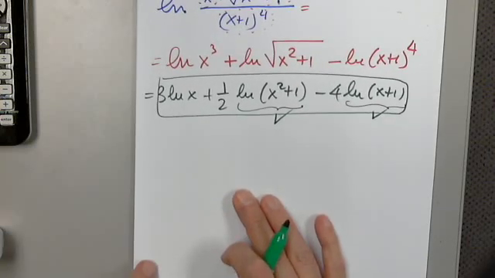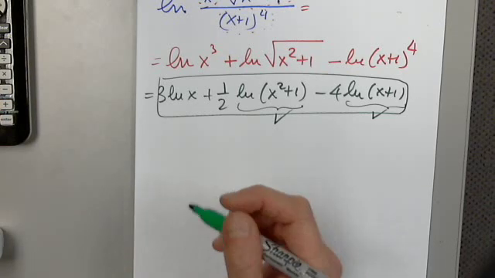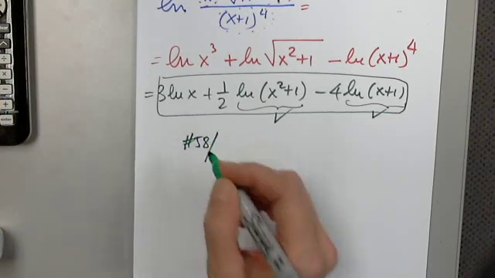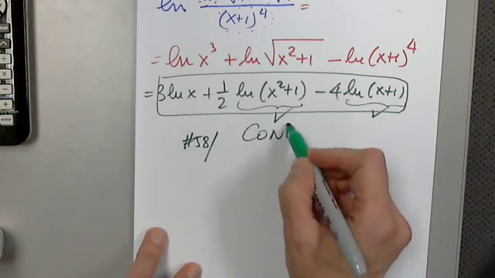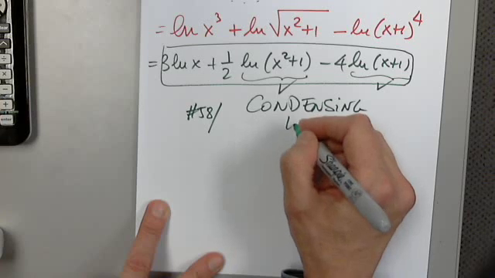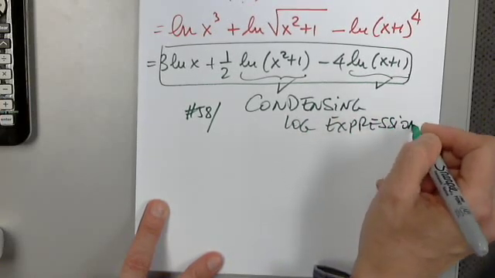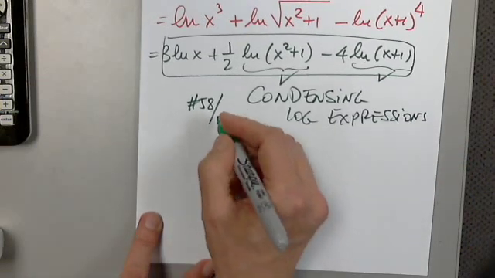Now let's go backwards. We want to condense this time. So let's say problem 58, 58 on page 501. So this is condensing log expressions now.